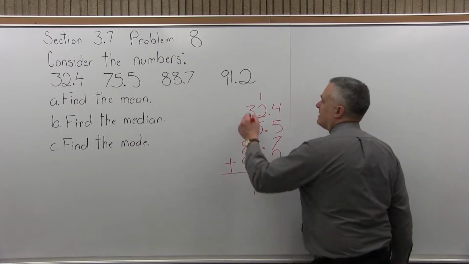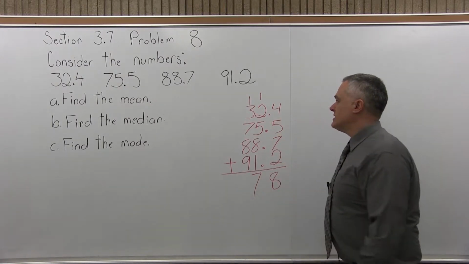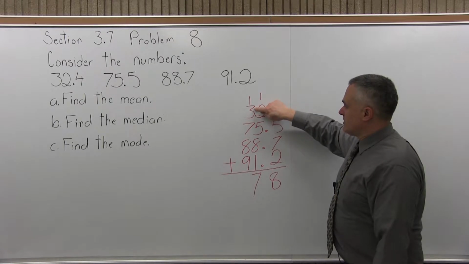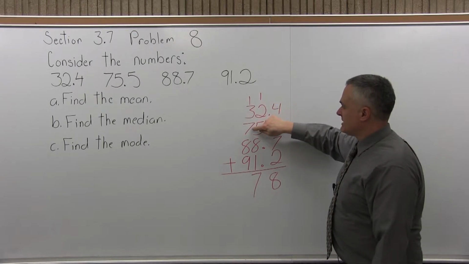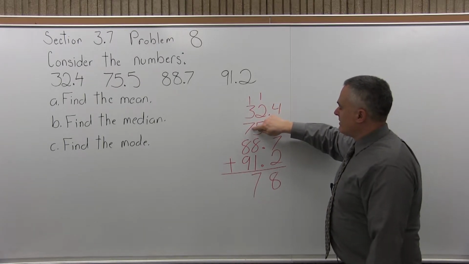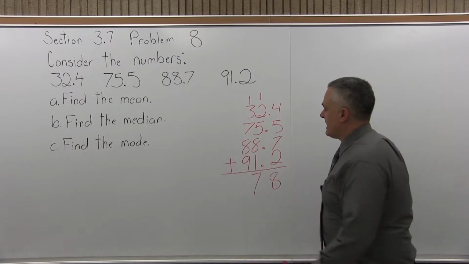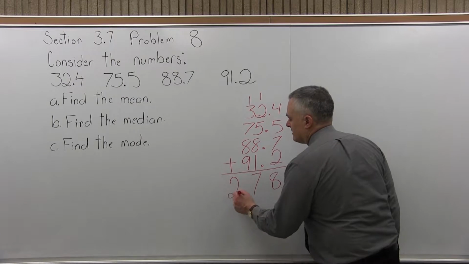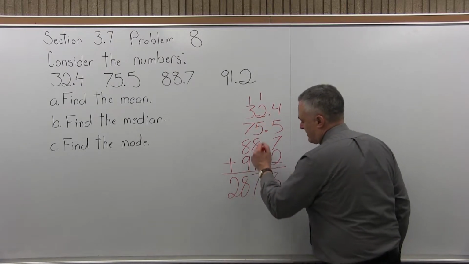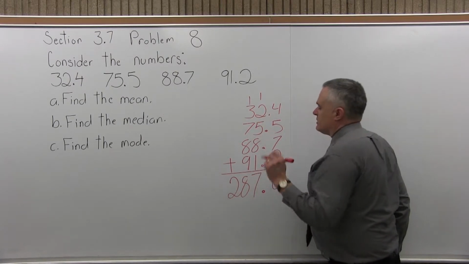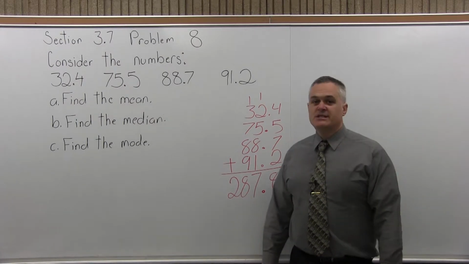Write the 7, carry the 1 to the top of the next column of digits. 1 plus 3 is 4. 4 plus 7 is 11. 11 plus 8 is 19. 19 plus 9 is 28. And that decimal has to come straight down. So my total is 287.8.